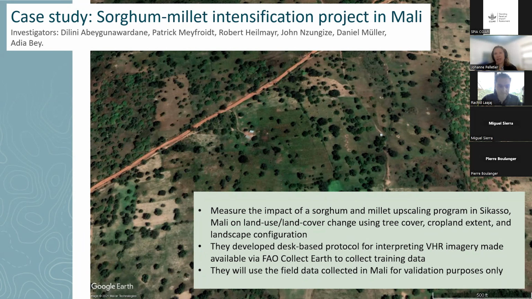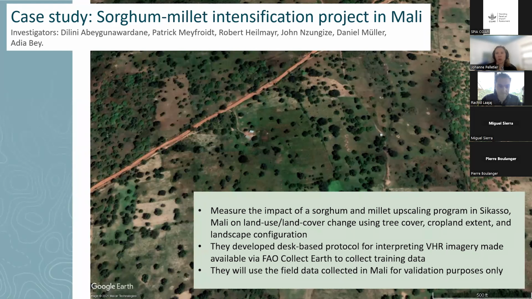One project that did exactly that is the sorghum millet intensification project in Mali. The aim was to provide quantitative evidence of the impact of the sorghum and millet upscaling program in the spatial region.